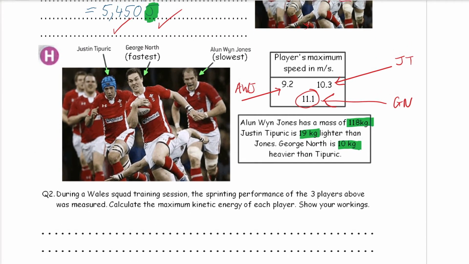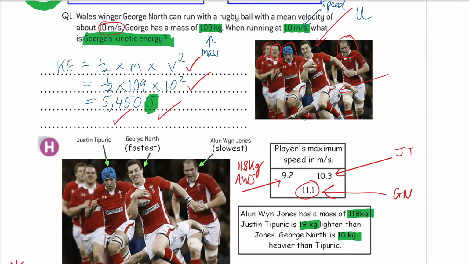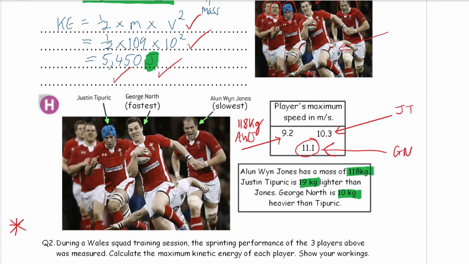What I will do though, just to help you, because I'm going to give you this as one for you to do. Alan Wynne-Jones, we know, has got a mass of 118 kilograms, so I'll help you work out the masses and then you can do the rest. And if you don't know how to do it, rewind the video and just watch how I worked out the kinetic energy in question 1 for George North at the different speed.